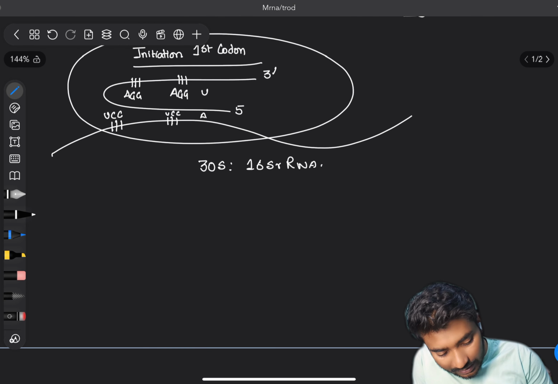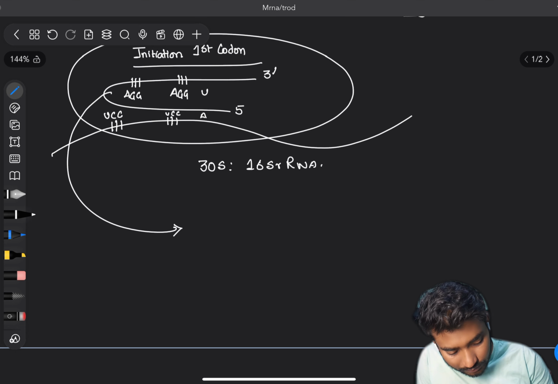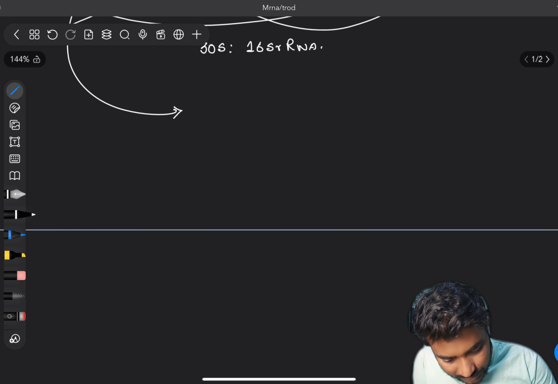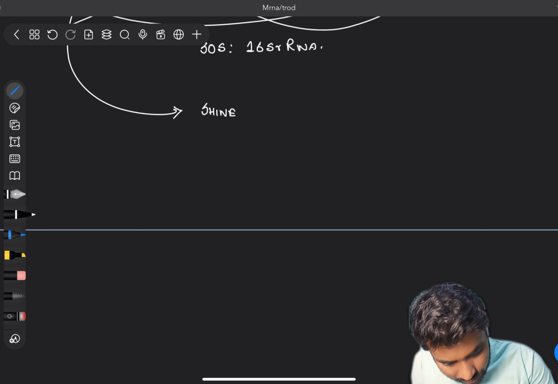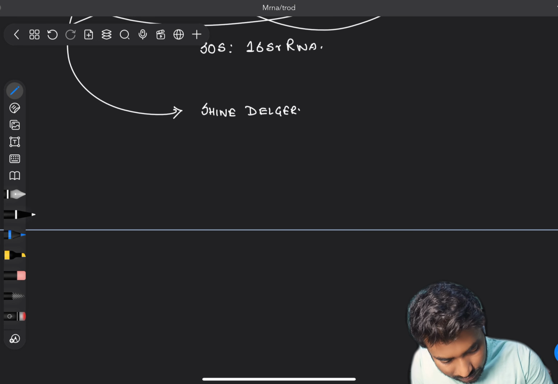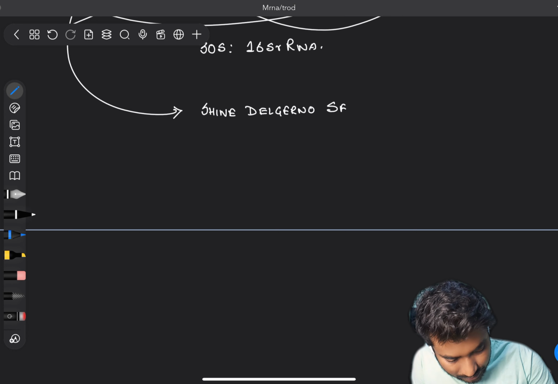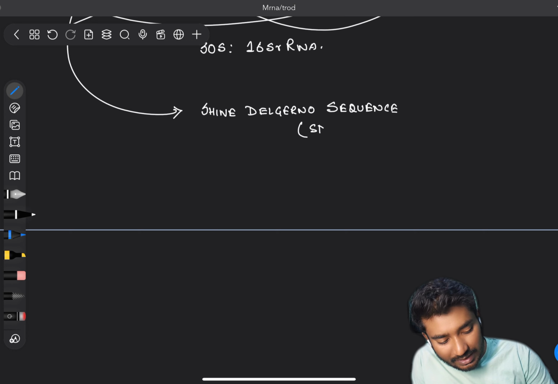So here we can write the Shine-Dalgarno sequence, or you can say SD sequence, is seen.